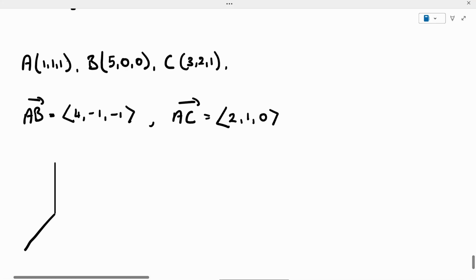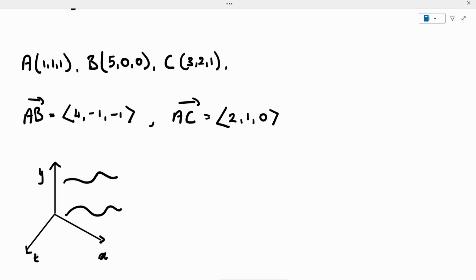I have X, Y, Z, and I have a plane that goes somewhere like this.